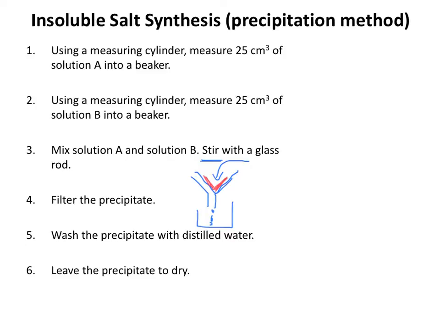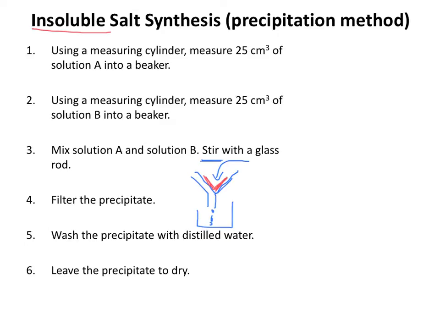We know the salt won't dissolve because it is insoluble, so the distilled water just takes any leftover A or any leftover B through into the liquid underneath. We then leave the precipitate to dry, and that should be our lovely insoluble salt. So, quite a straightforward method. But I think it's important that we consider what our solutions might be.